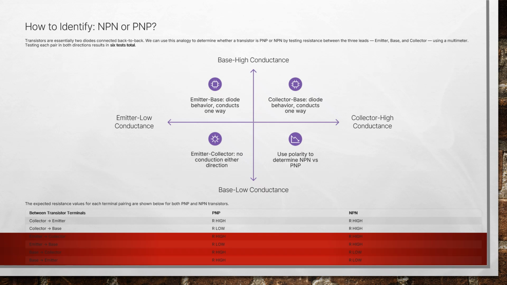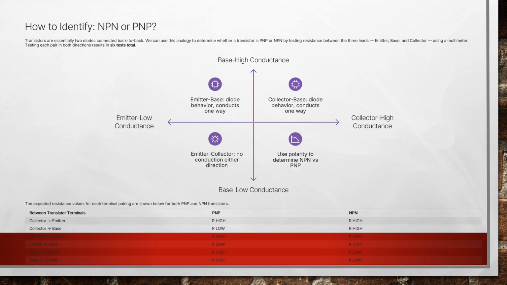Between transistor terminals: PNP/NPN. Collector emitter. PNP resistance high. NPN resistance high. Collector base. PNP resistance low. NPN resistance high. Emitter collector. PNP resistance high.